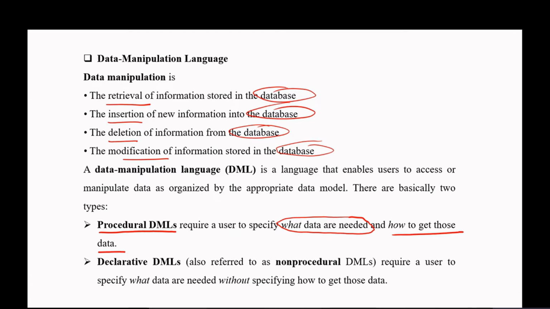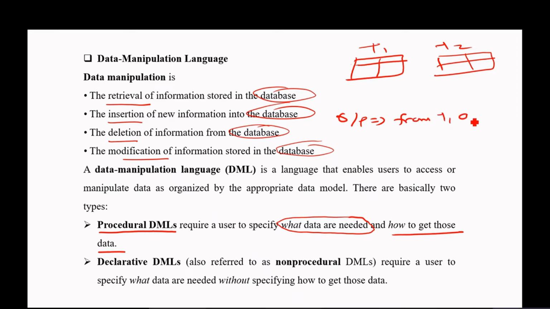Declarative DML is non-procedural DML. So in declarative, what do you have to tell? What data is required. You will not specify how that data will be obtained, not the procedure or the process. Suppose there are two tables, for example, this is table T1 and this is table T2. You need output which will be fetched from T1 and T2 both.